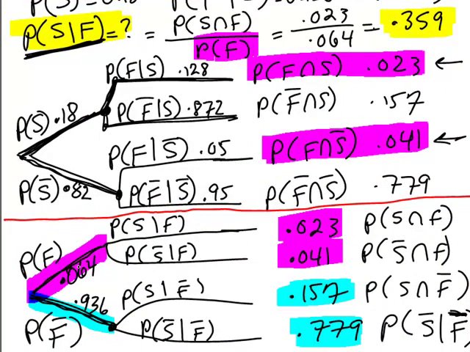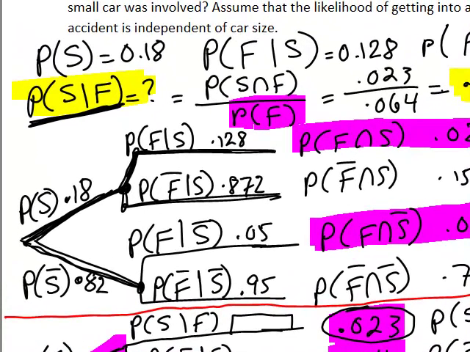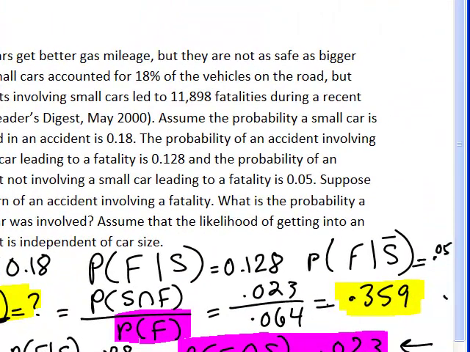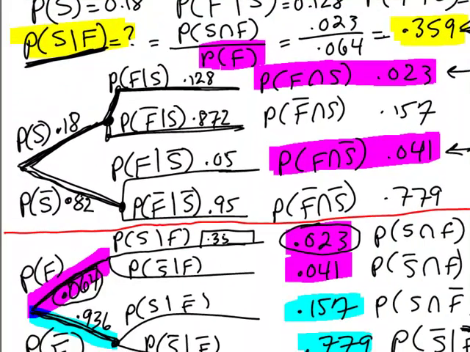These two branches add up to 1. Now if I take any of these end values and divide them by the probability on the prior branch, I will get this answer: 0.023 divided by 0.064, which will give us 0.359. Similarly, you can take any of these and divide them by the prior branch probability.